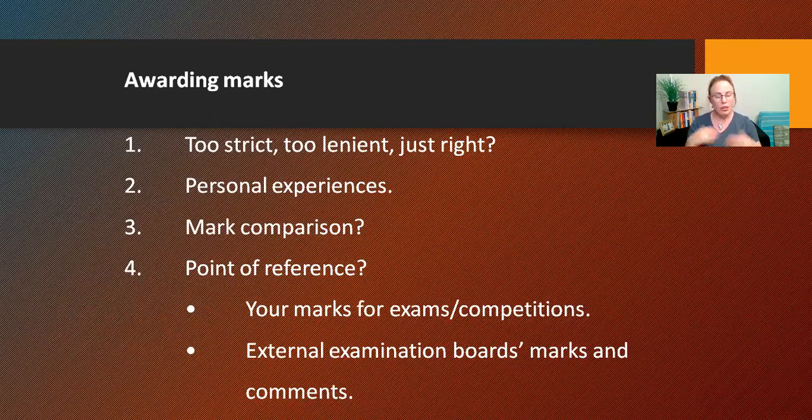I'm going to do that by sharing some ideas with you and posing some questions that you can ask yourself. First of all, what is it to be too strict, too lenient, and just right? Secondly, reflect on your own personal experience.